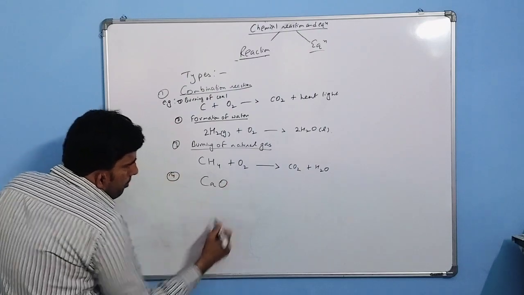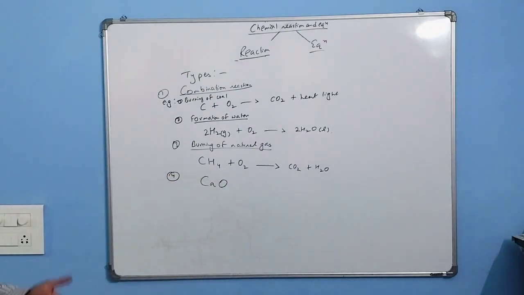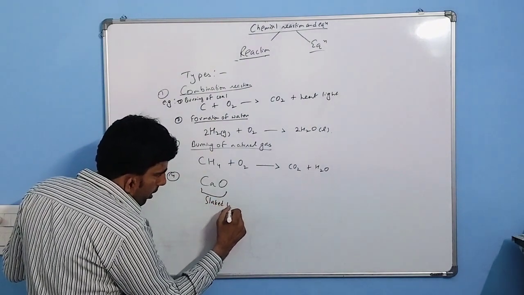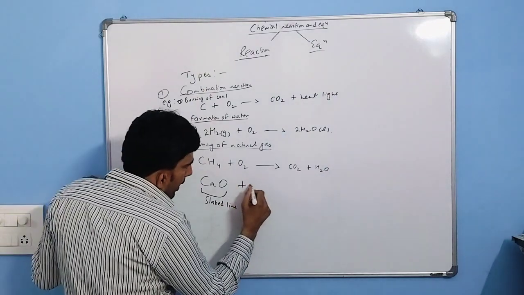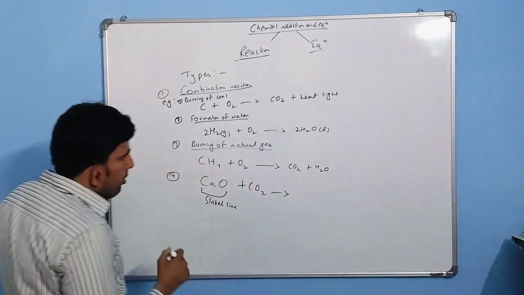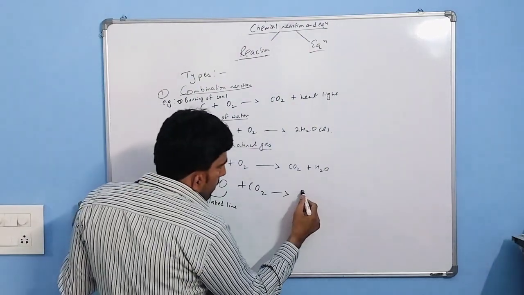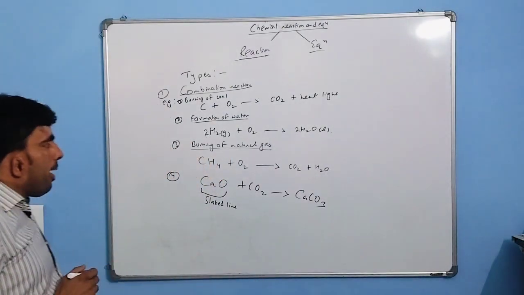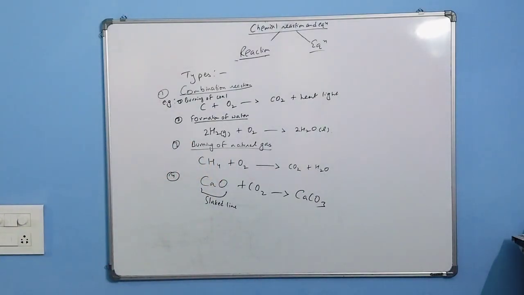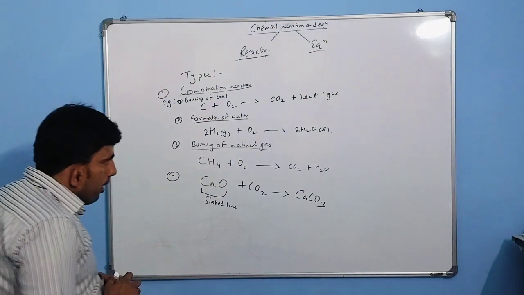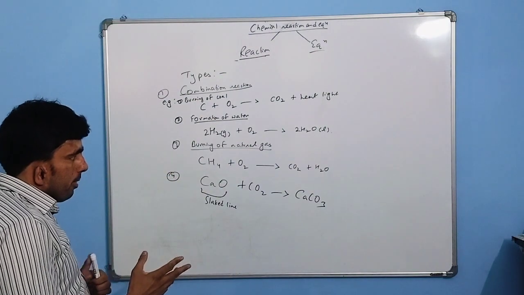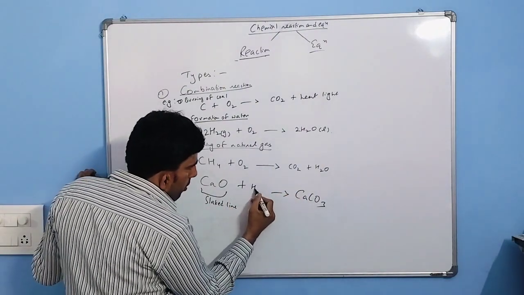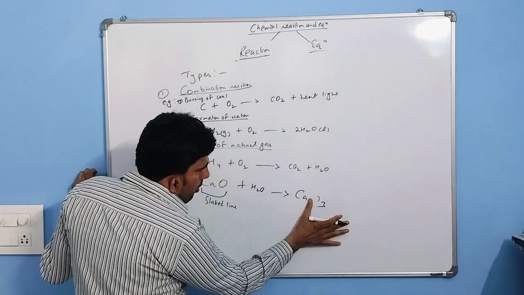Everybody knows this. What's this? Calcium oxide, another name is quicklime. When I react it with CO2, I get calcium carbonate. Otherwise I can write more: if I react it with water, what will happen?